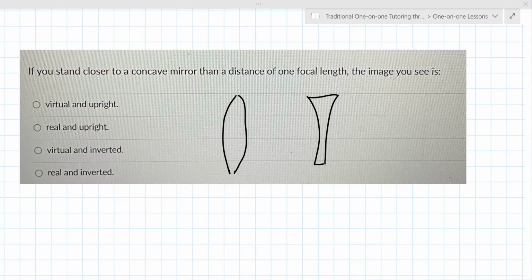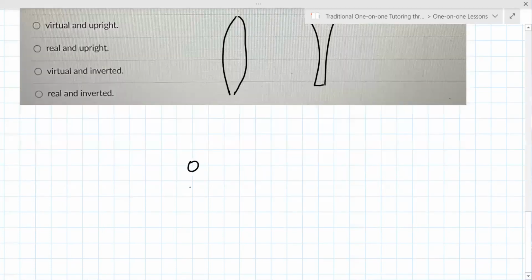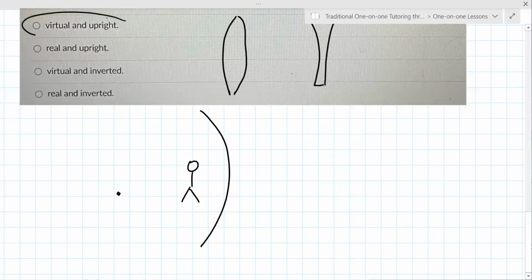Okay, so the concave mirror is like you're here, and this is the mirror, and the focal length is here or something. So you're just closer to it. This is just a pure definition. It's virtual and upright. There's some equation you can use, but we'll just go with that for the moment.